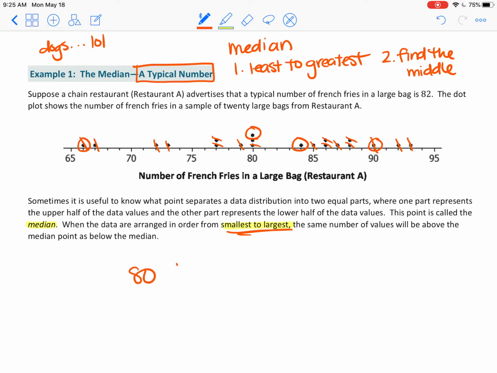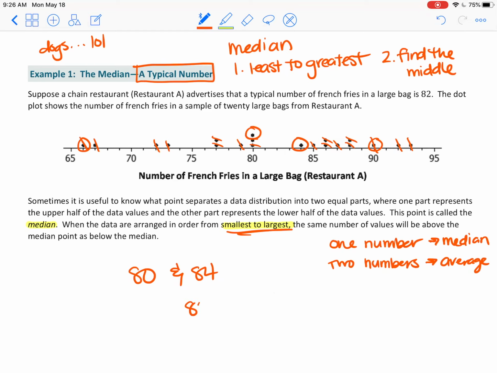So you're probably wondering, how did they get 82? Well, sometimes you'll just be left with one number in the middle. That number is automatically your median. But in this case, we're left with 2 numbers in the middle. So what we want to do is add these 2 numbers together. 80 plus 84 is 164.